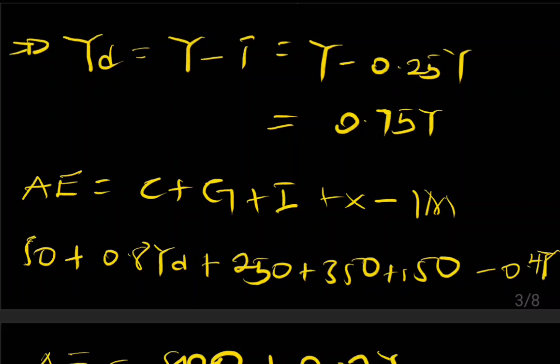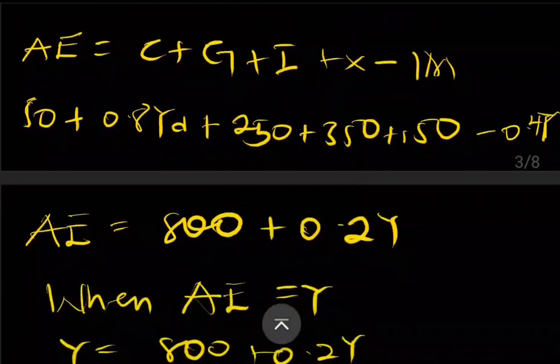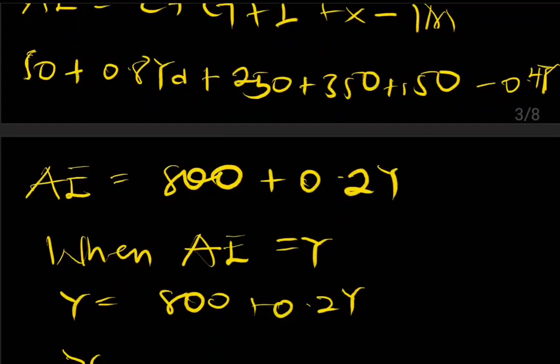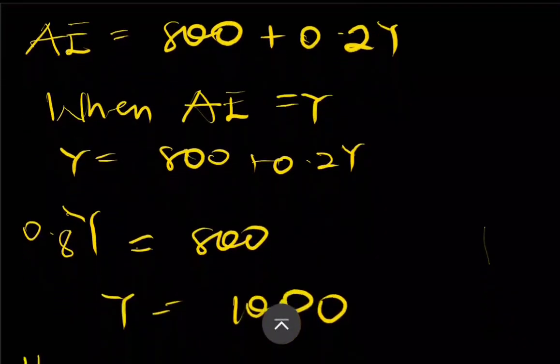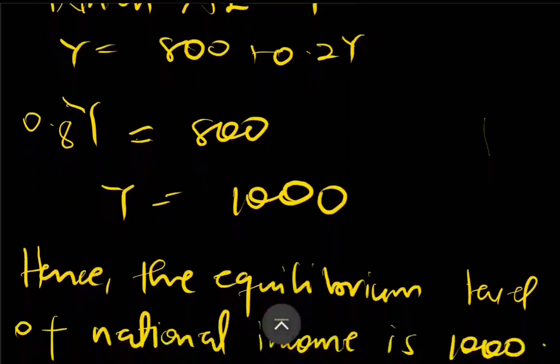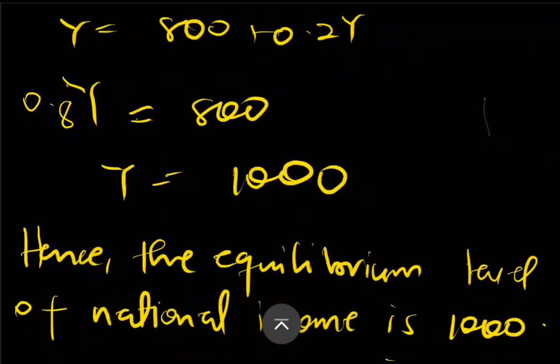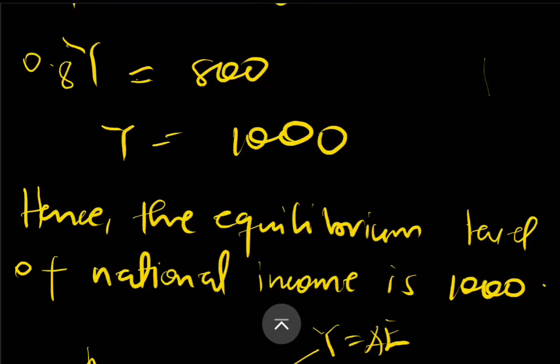That gives us 50 plus 0.8 YD plus 250 plus 350 plus 150 minus 0.4 Y. Solving this algebraically, AE will be equal to 800 plus 0.2 Y. If we let AE be equal to Y, then Y will be equal to 800 plus 0.2 Y. To find the value of Y, we get 1000. Hence the equilibrium level of national income is 1000.